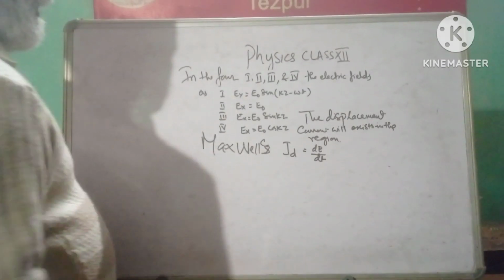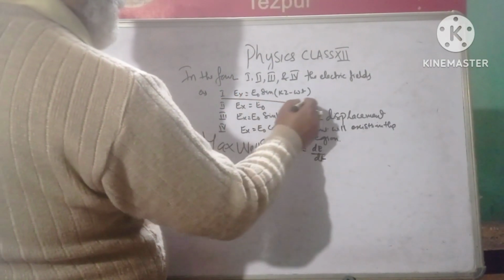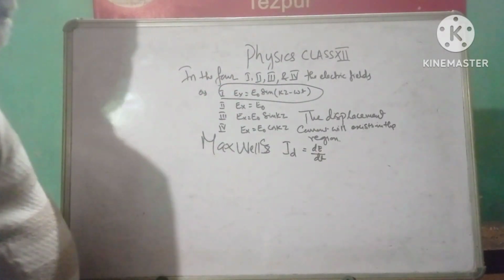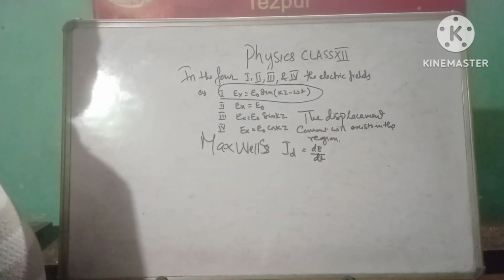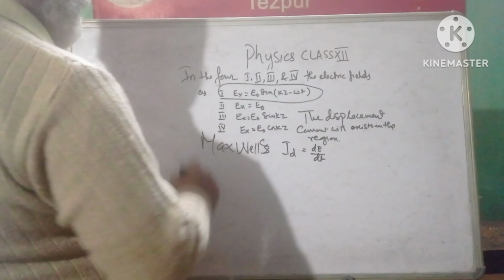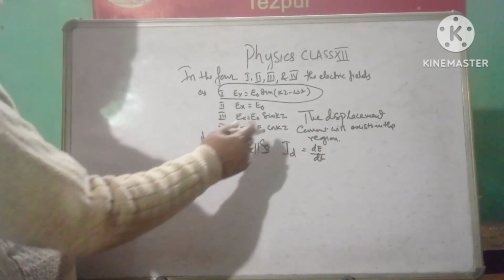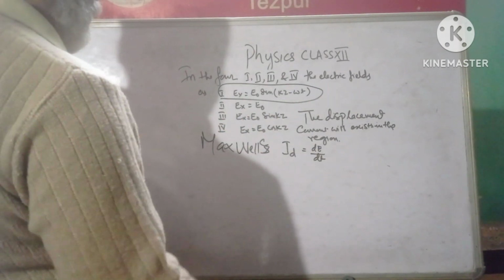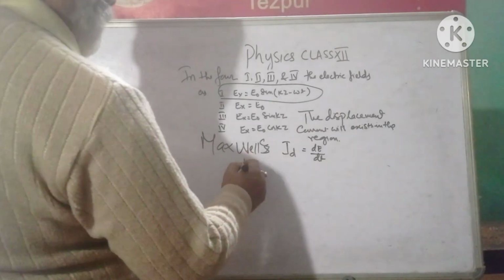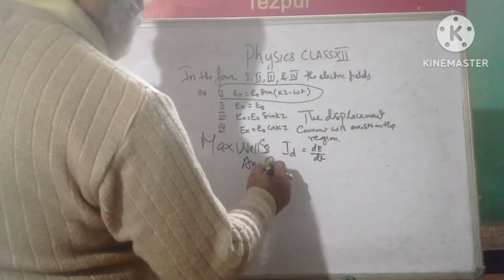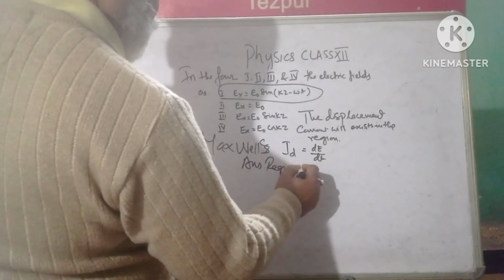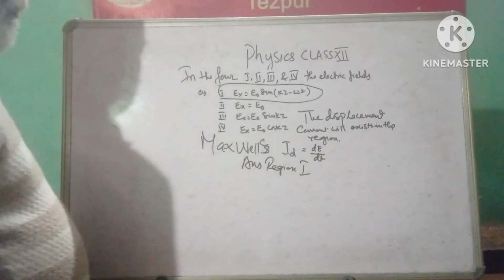So the time varying electric field is present only in region 1. Here you see, in this region. In 2, 3 and 4 there is none. So your answer will be region 1. This is the important point.